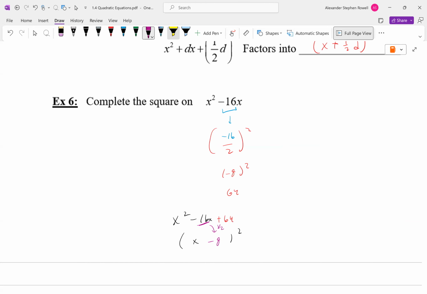Okay. When does this not work? This will not work if you have a number in front of the x squared. It needs to be 1.